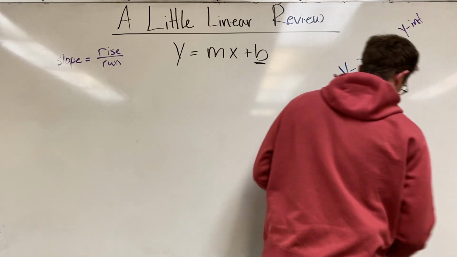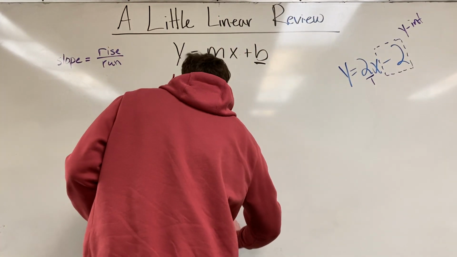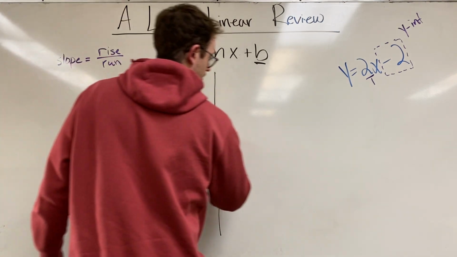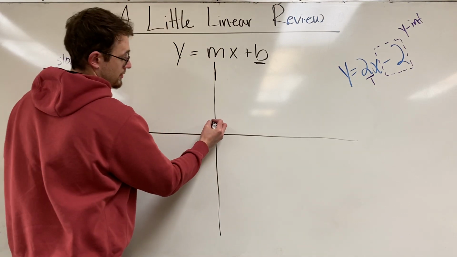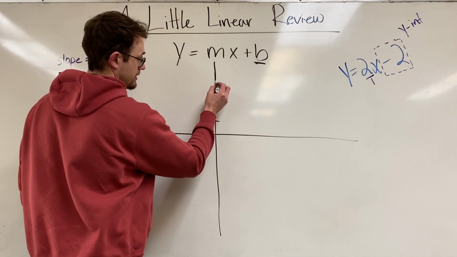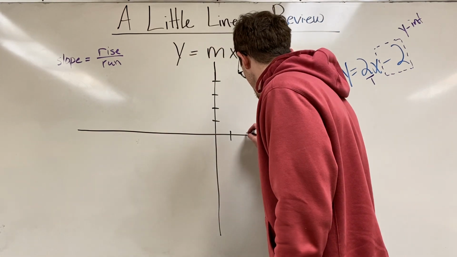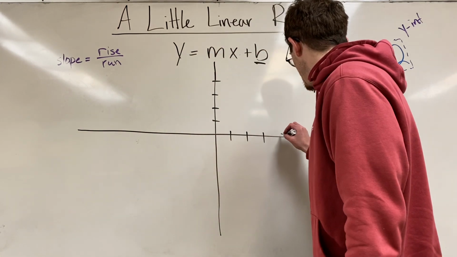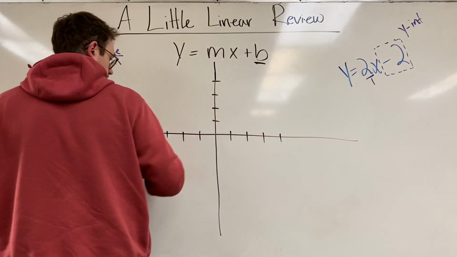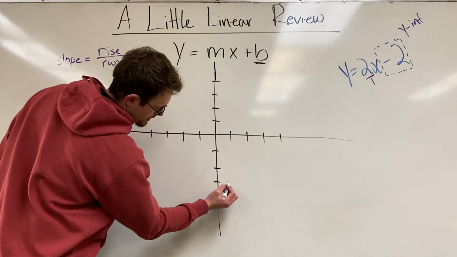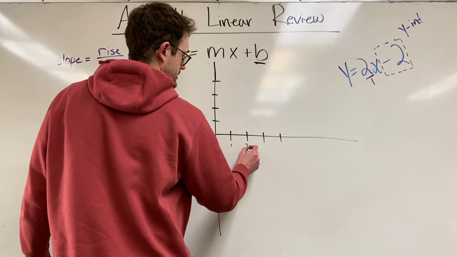So one, two, three, four. 1, 2, 1, 2, 3, 4. I think that's pretty good. All right, going by ones.